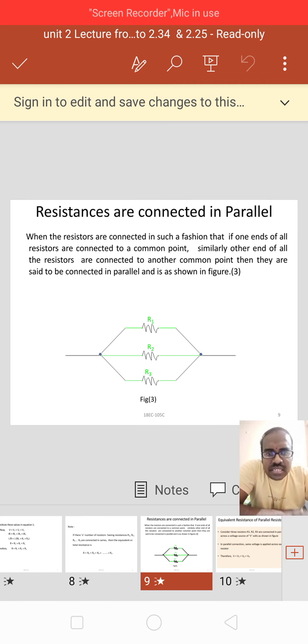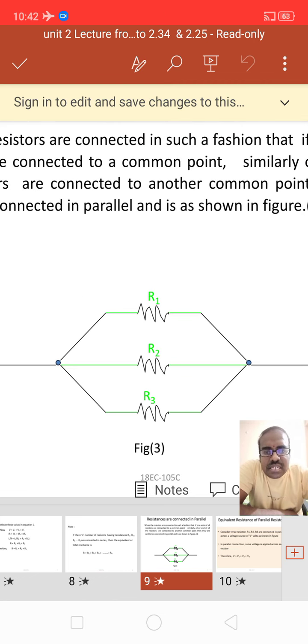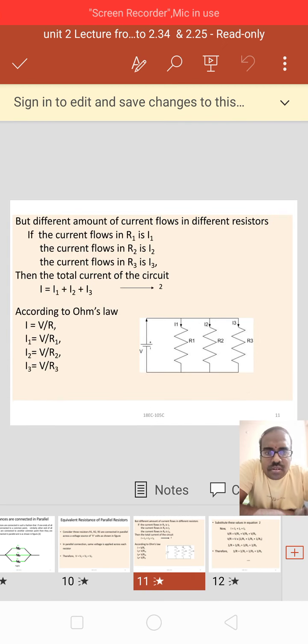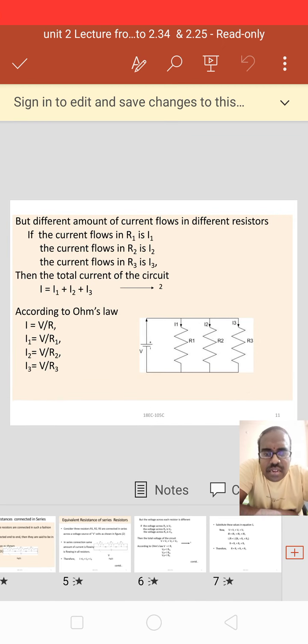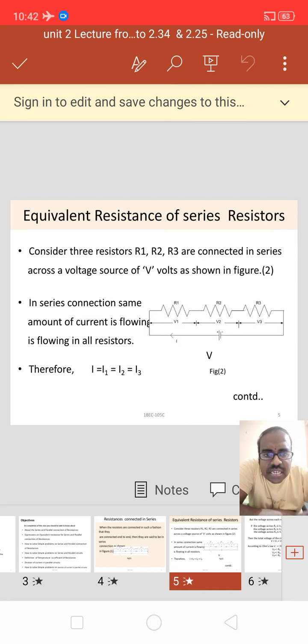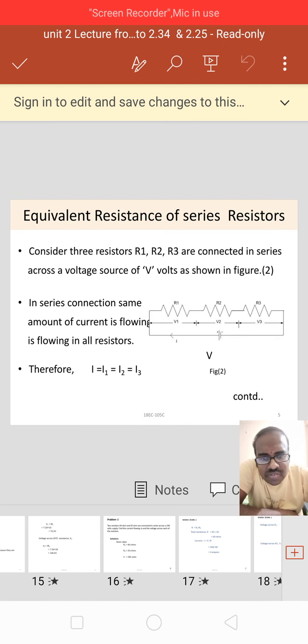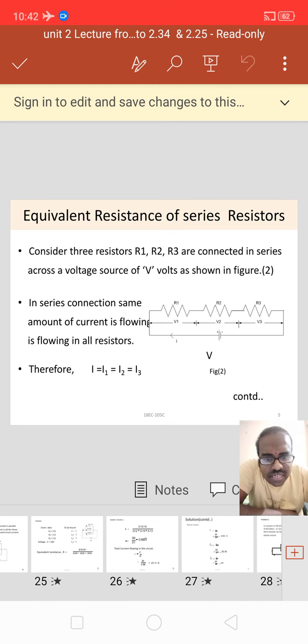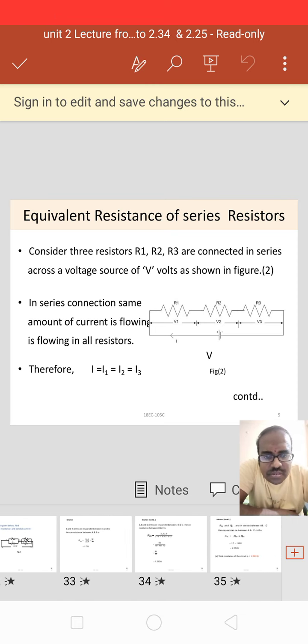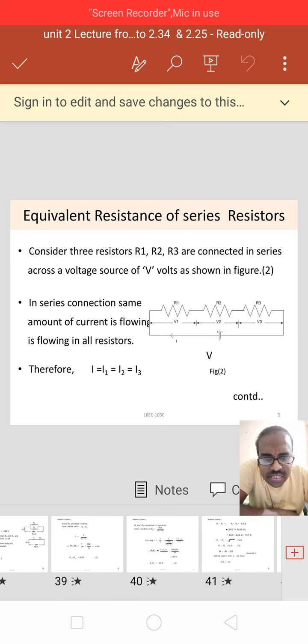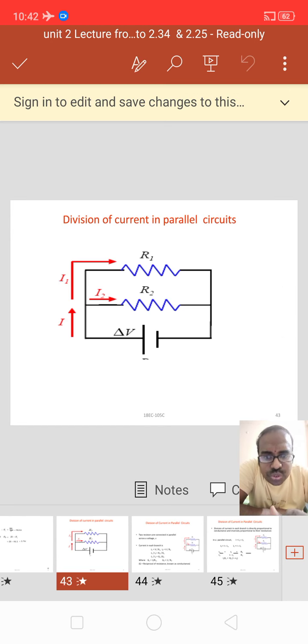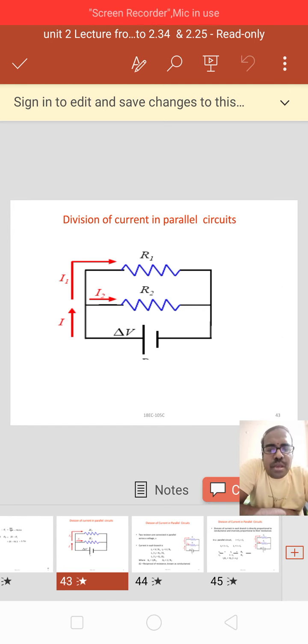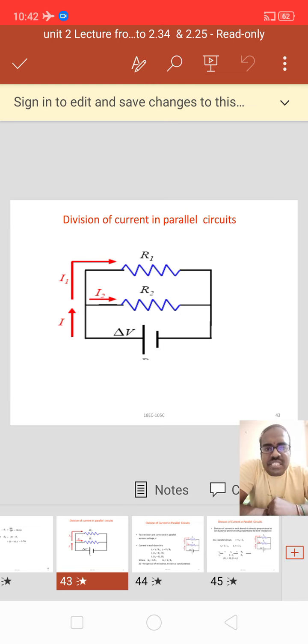Okay, it is the three resistors connected in parallel, and it is the three resistors connected in series, and this one is the division of current in parallel circuits. I will show this to you. See, it is the division of current in parallel circuits. We must remember that one also. Three diagrams regarding the division of current as well as series and parallel connection of resistors.